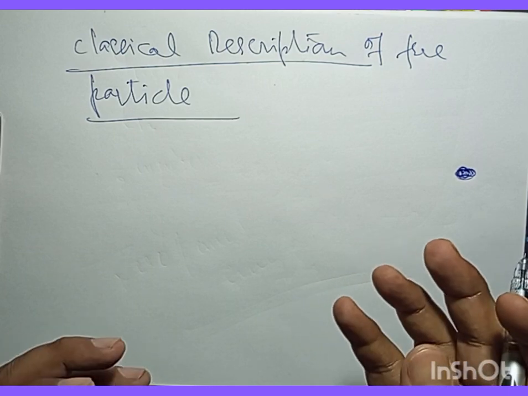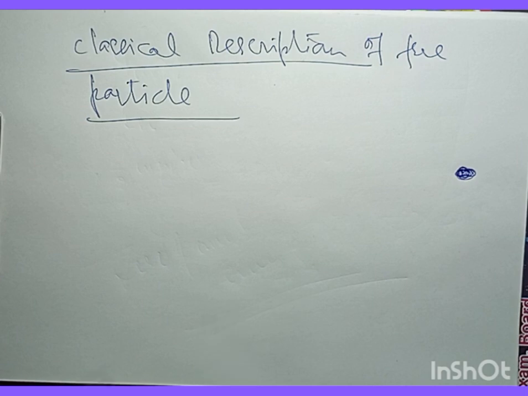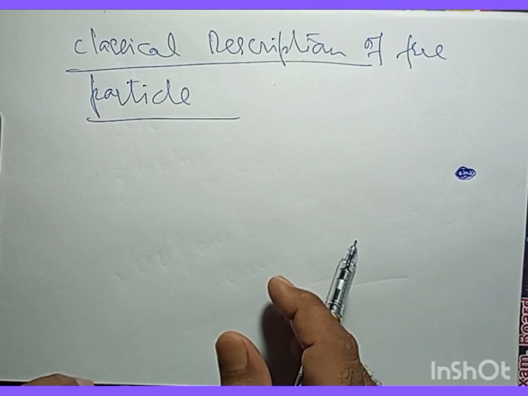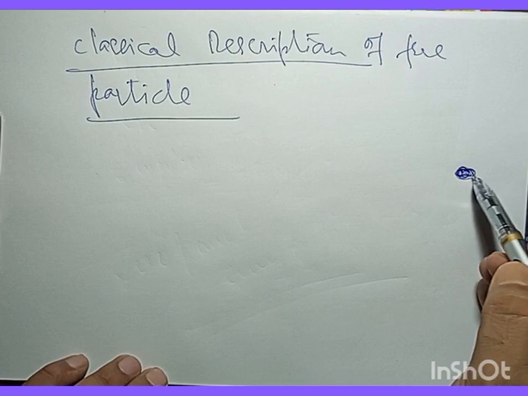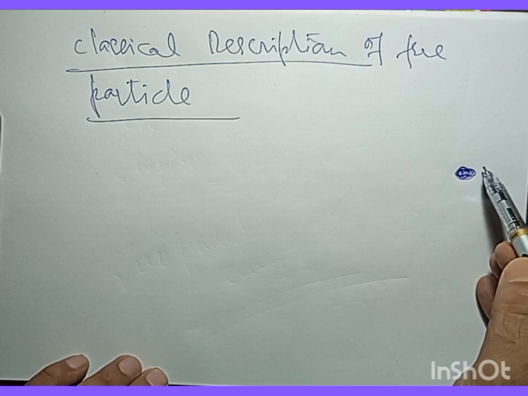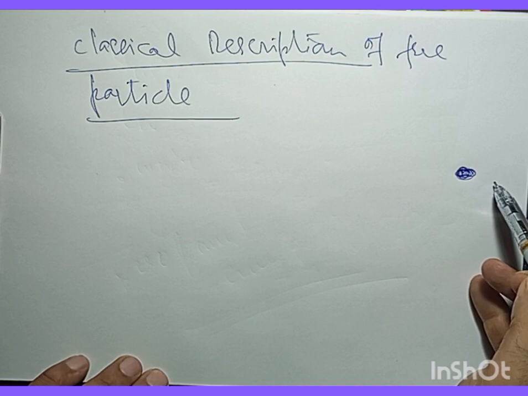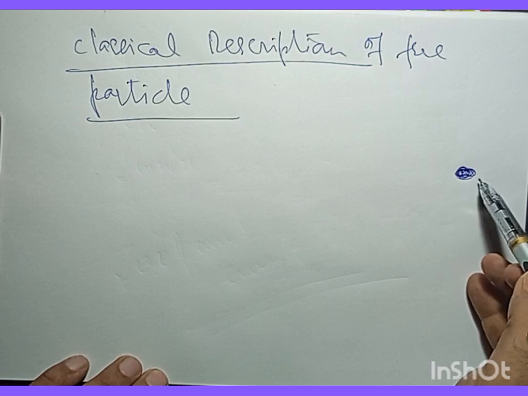So we have a free particle, an object which is not interacting at all with anything, and no force is acting on it. This free particle in classical mechanics is described by its motion according to Newton's laws.